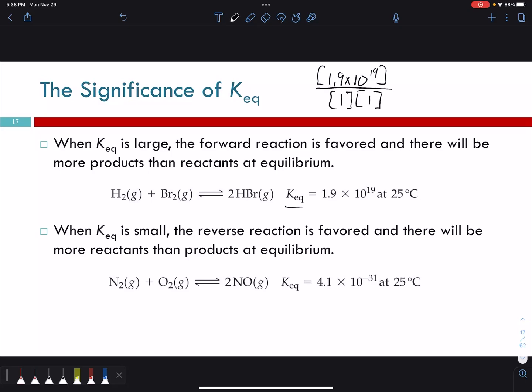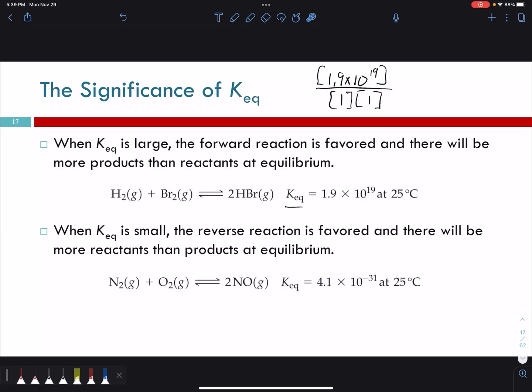I don't even know what 10 to the 19 is, way past quadrillions even. So you're going to have this extremely large number of product and almost none of your reactants. So that's reacting almost completely, but there will be some tiny portion of reactants still.